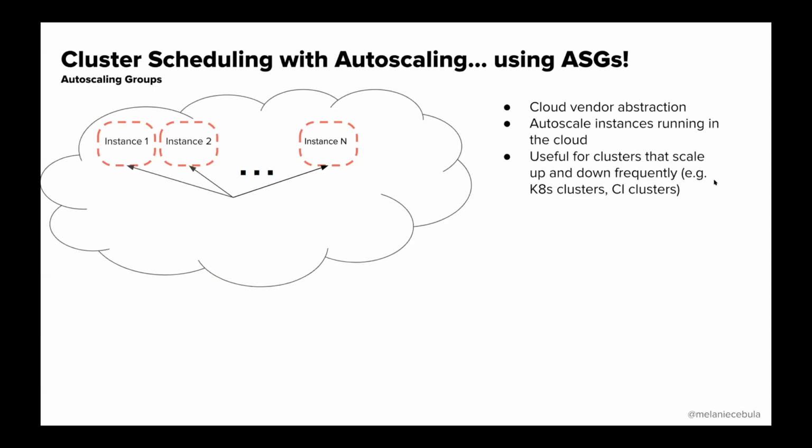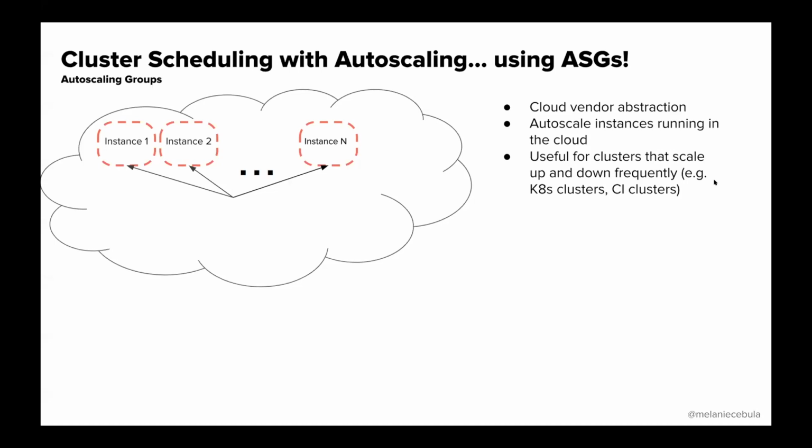One thing that's useful with this concept of autoscaling groups, whatever cloud vendor you use, is that it can be used for all kinds of clusters. We don't just use autoscaling groups for Kubernetes, although it's definitely useful there. You can imagine other areas where you have frequent changes in workload size, for example CI clusters, developer machine clusters, things like that. And you can actually run lots of compute more frequently this way.